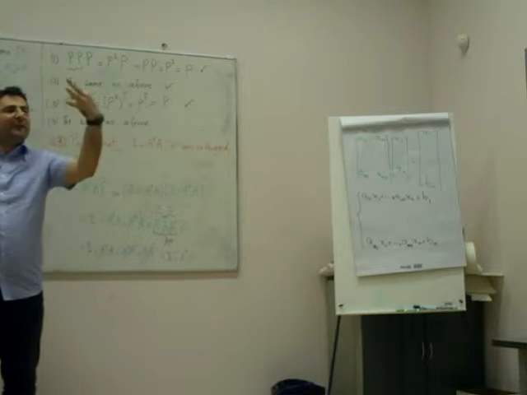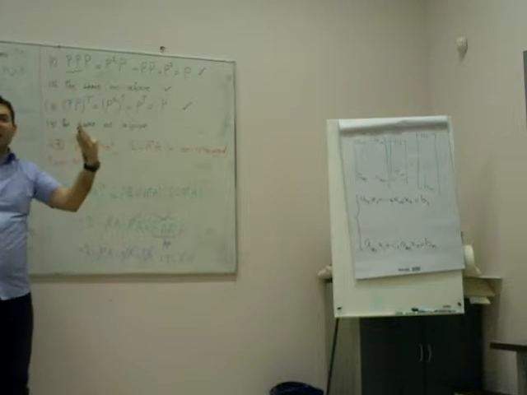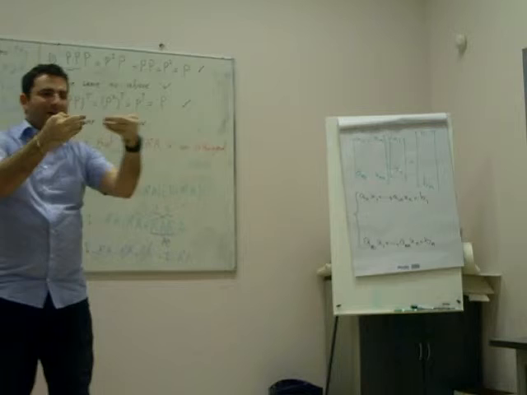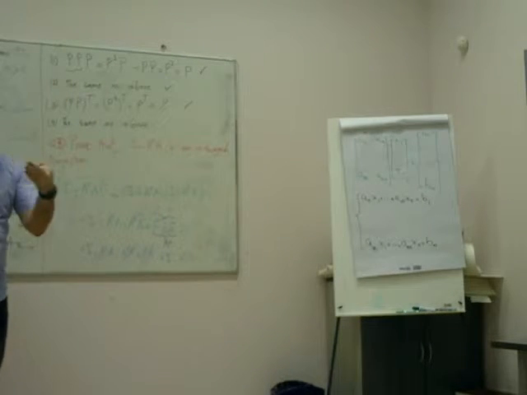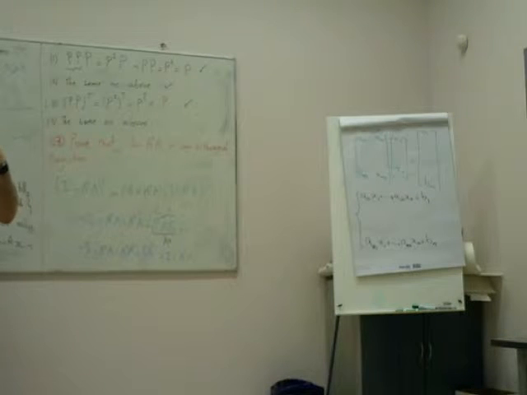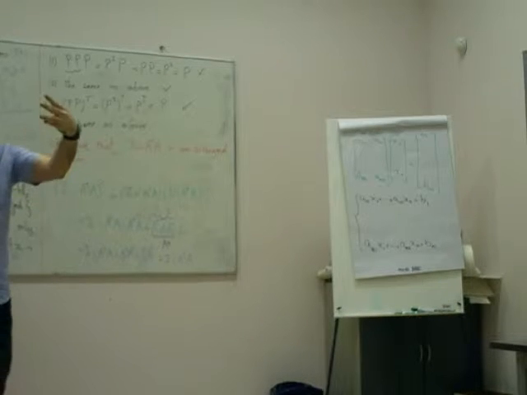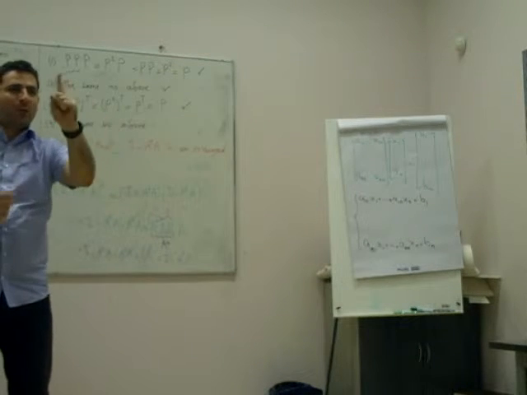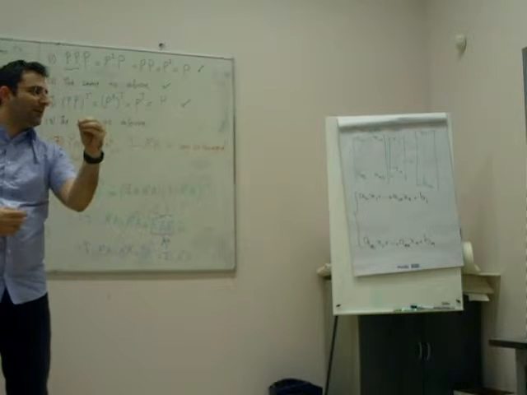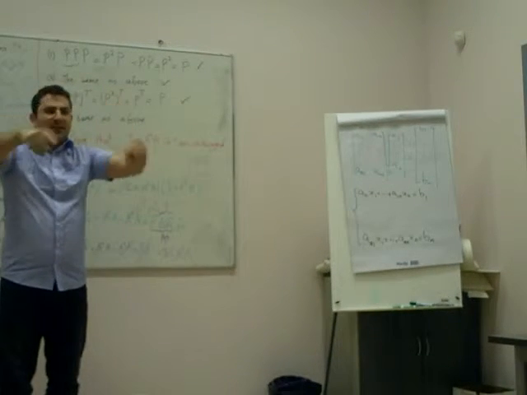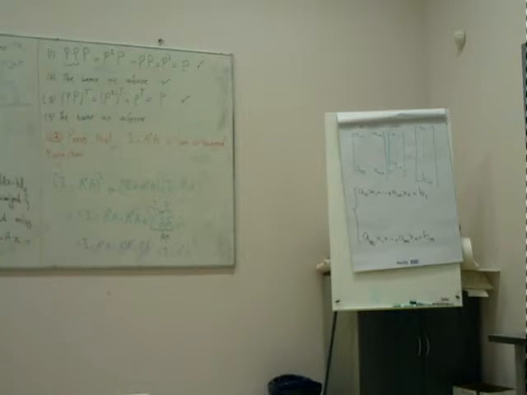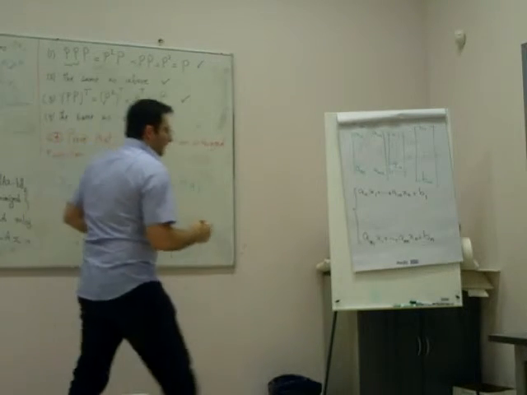Now, if I have 3 equations and 3 unknowns, and assume that they are not parallel to each other, do you know what the solution is? If the solution exists, what is it? If I have a unique solution, with 3 equations and 3 unknowns, what does it mean? It means that there are 3 lines intersecting at one point.